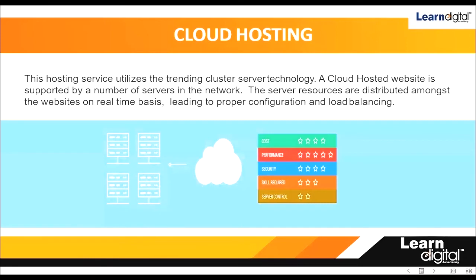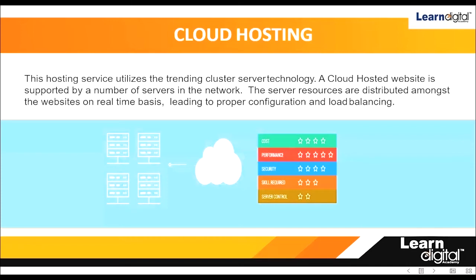A server is there, right? In a server you are taking a space, fine. What will happen if a server fails? Your website won't be live over the internet, right? Chances are there. But in cloud hosting, multiple servers are connected with each other.